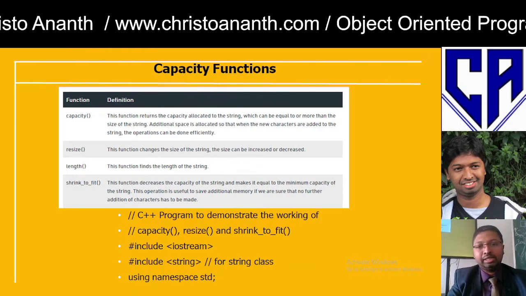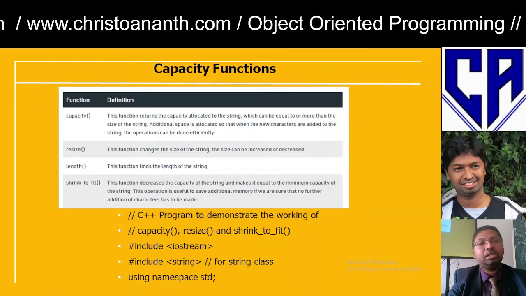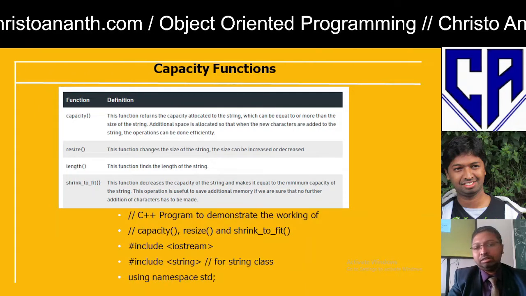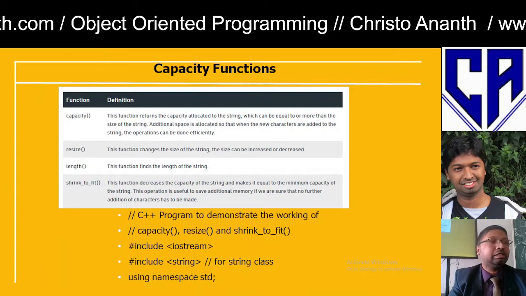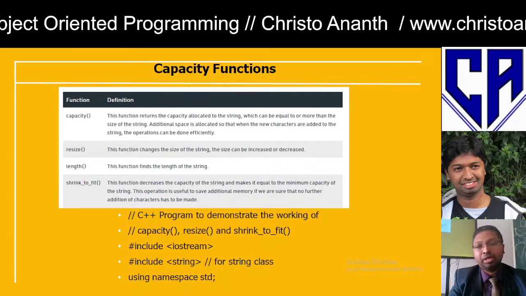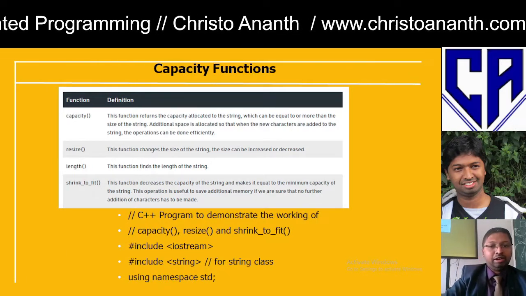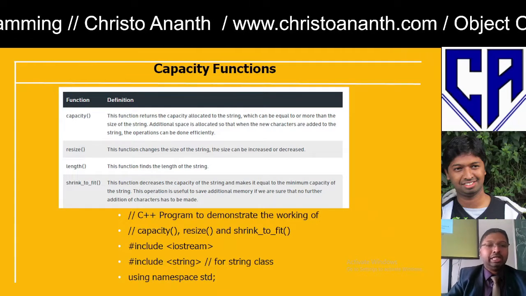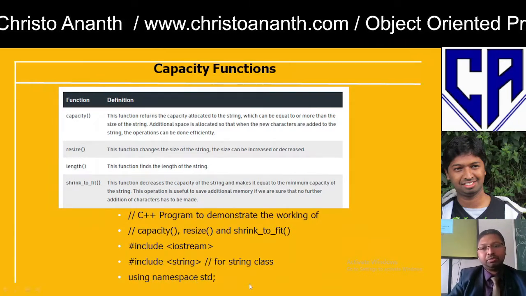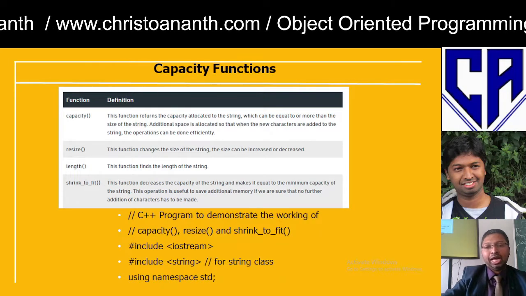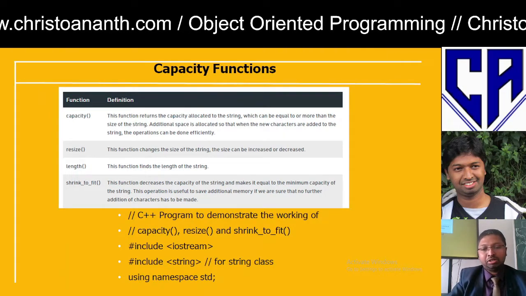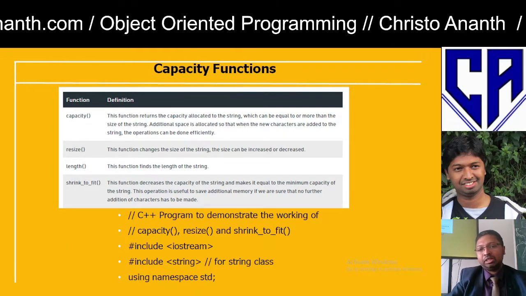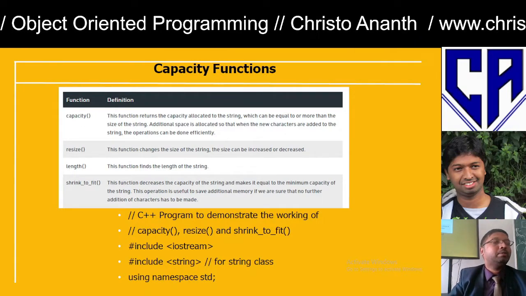And then there is resize. Resize is nothing but resizing the string. Maybe you can increase the size or decrease the size. And then you have length, which is going to find the length of the string, and then shrink_to_fit means it is going to reduce it to the actual size. It decreases the capacity of the string and makes it equal to the minimum size of the string.